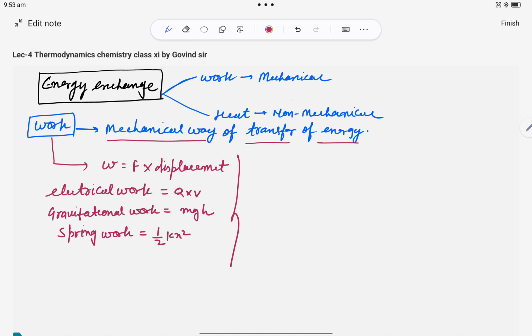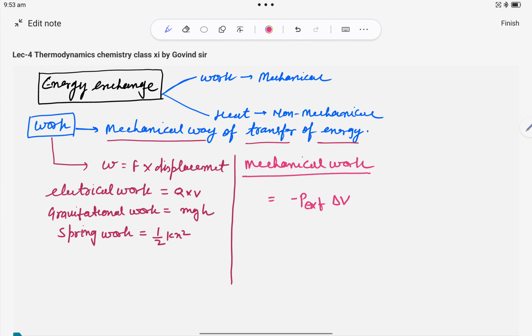But here, the formula which we use for the mechanical work of gas is W equal to minus P external delta V. External means external pressure, and delta V means change in volume.